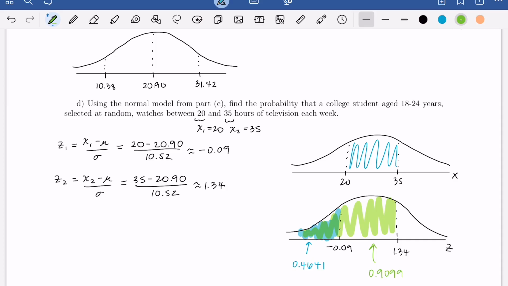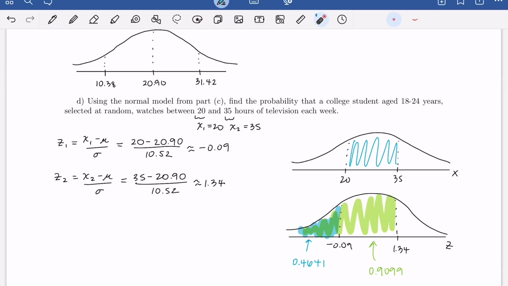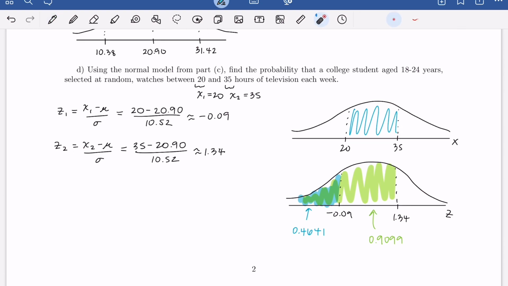0.9099. So if we want to find everything in between these guys in this interval here, we're going to have to take the area in green here under this curve and subtract out everything in blue. Doing that, we're going to be left with everything in green.